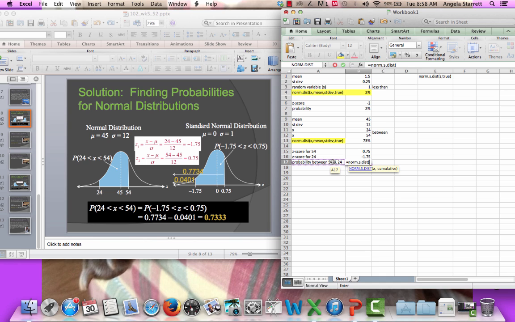We start with our largest one of 0.75, comma, TRUE, minus NORM.S.DIST of negative 1.75, comma, TRUE. Once I press enter, we should see that we get 73%, and indeed we do. Using the normal distribution function and the standard normal distribution function, they're identical. It's just a matter of whether we convert to z-scores or not.